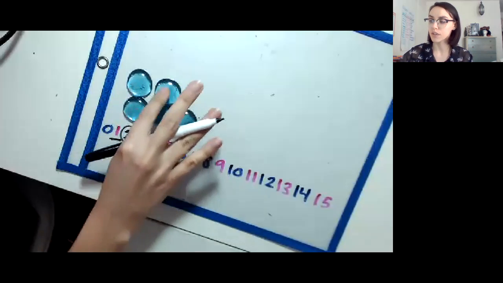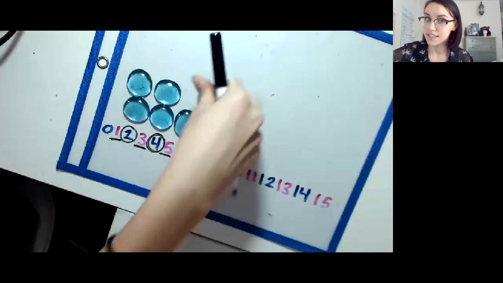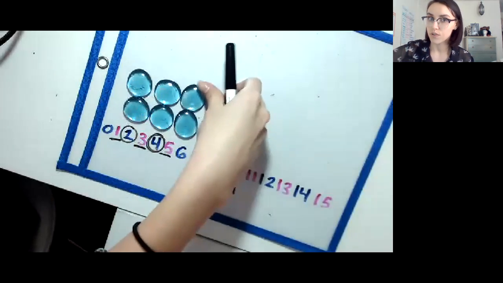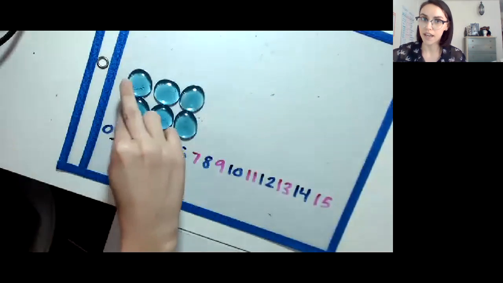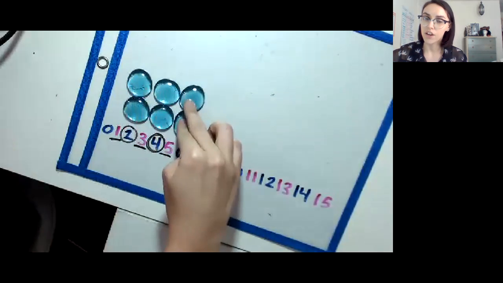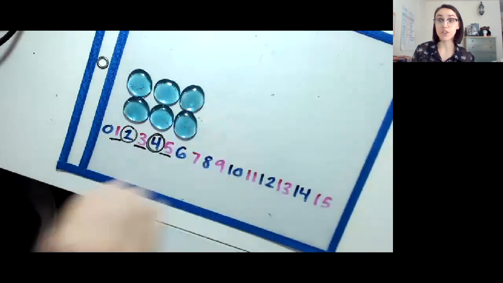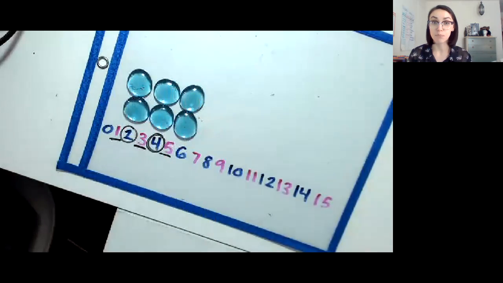Let's go to number 6. 1, 2, 3, 4, 5, 6. Ooh, here's a pair. Here's a pair. Here's a pair. So everybody has a partner. Also, there's a doubles fact for this number. Can anyone think of what the doubles fact is?